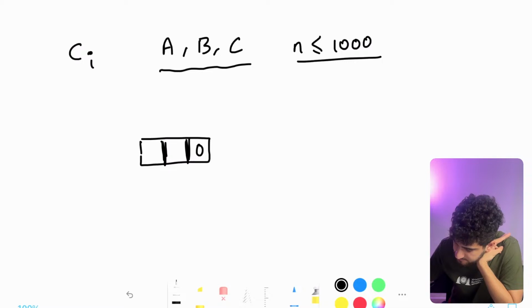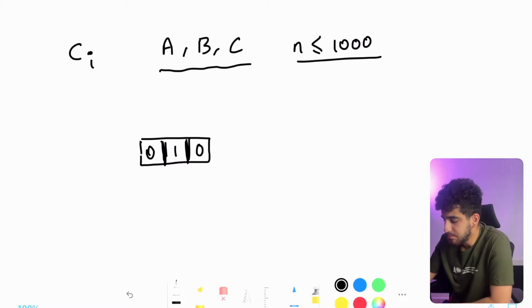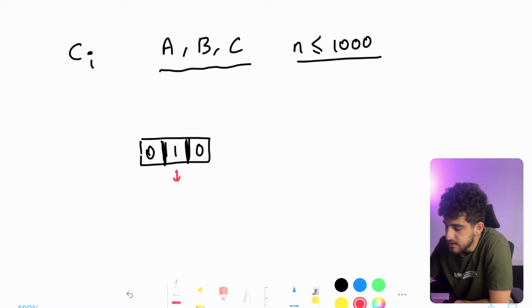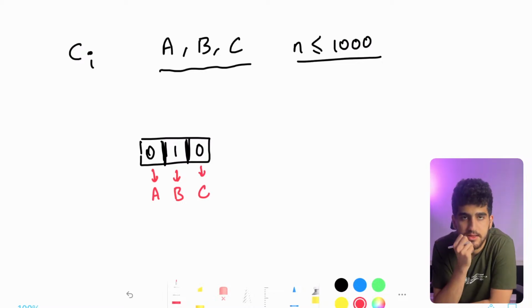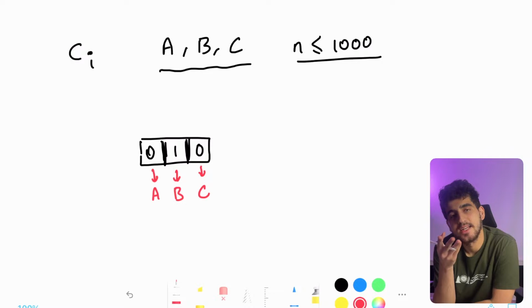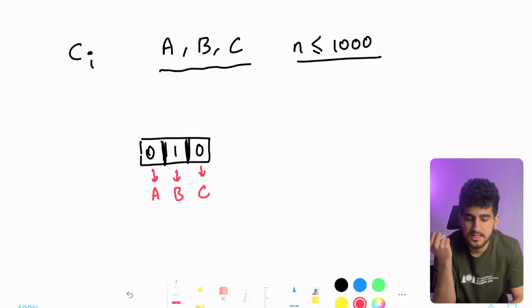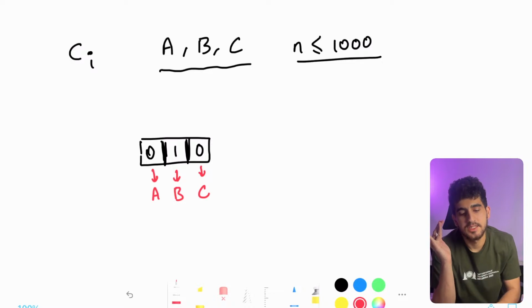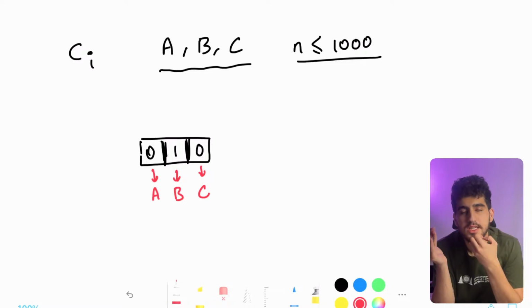For example, if we have 0, 1, 0, it means that this juice has only vitamin B and does not have vitamin A and vitamin C. Each of these bits indicates whether it has some specific vitamin. If it has that vitamin, we put 1 in that bit; otherwise, we put 0, meaning it does not have that vitamin. For example, if a number is 1, 1, 1, it means that it has all 3 vitamins.